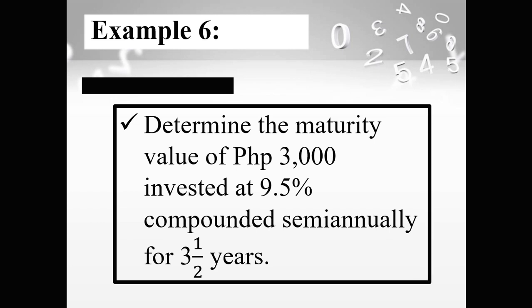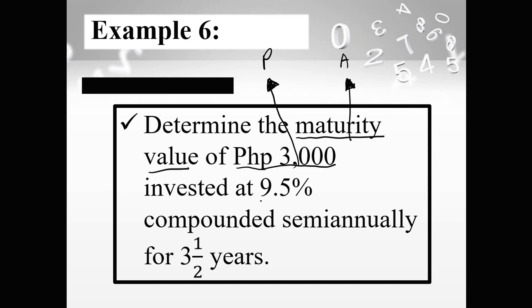We have to determine the maturity value of 3,000 pesos invested at 9.5% compounded semi-annually for 3.5 years. Okay, so let's have the given. Maturity value, another term for it, is the future value. Of 3,000 pesos invested. The amount that you invested, deposited, or borrowed is the principal amount.